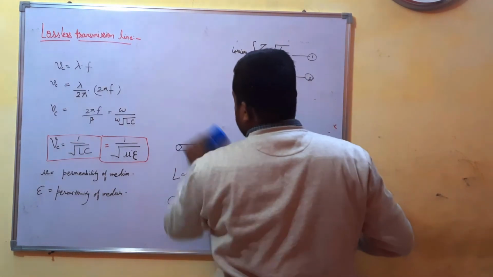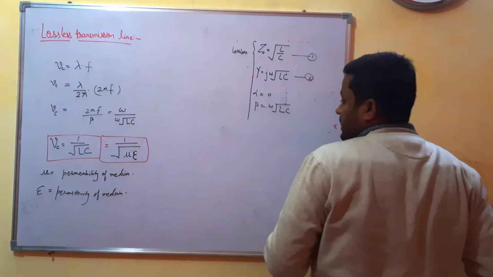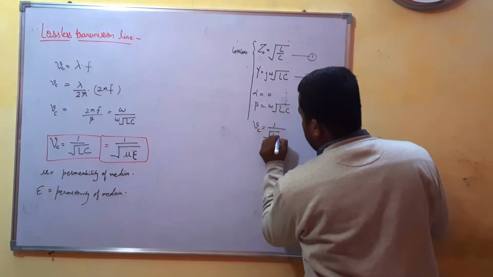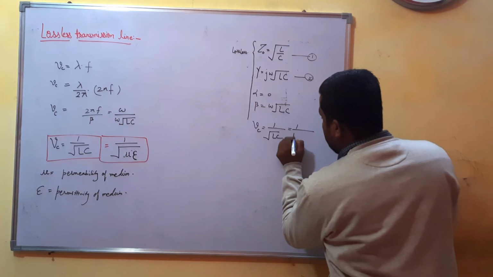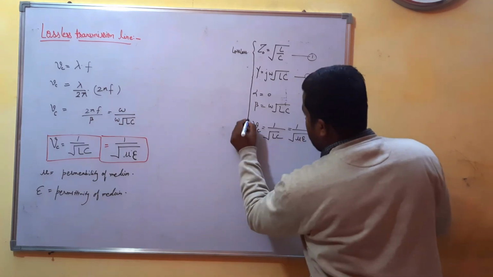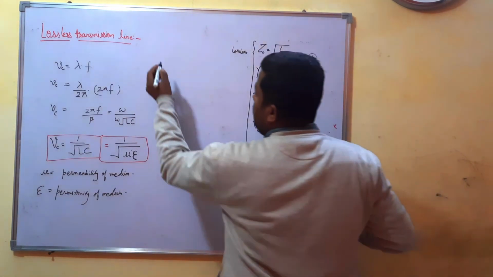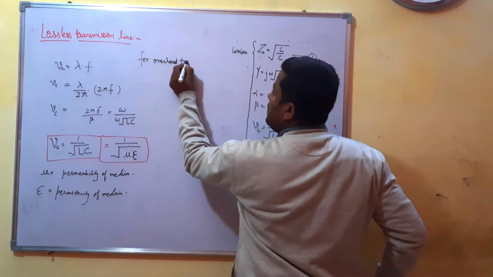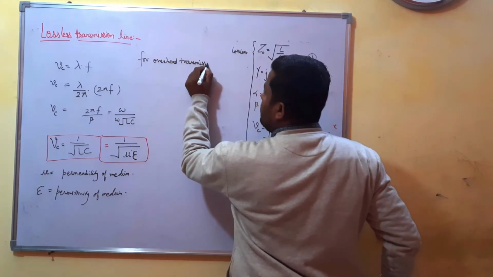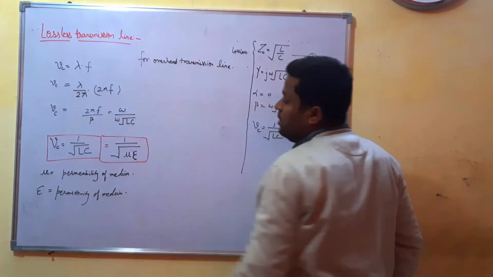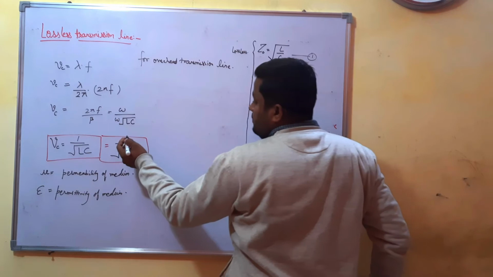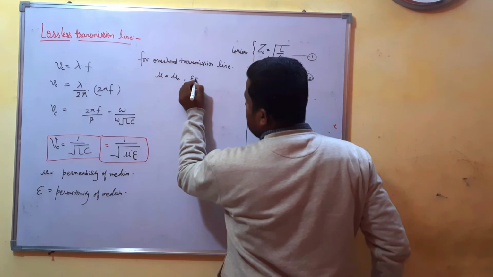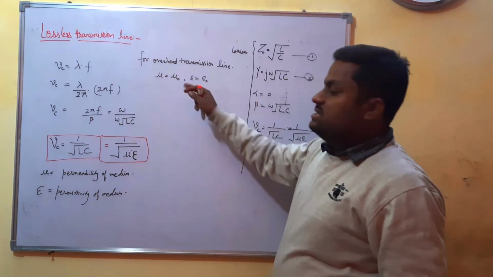So please write here also that Vc is equal to 1 upon under root LC, which is 1 upon under root mu epsilon. For an overhead transmission line, mu is equal to mu 0 and epsilon is equal to epsilon 0, because here the medium is air.